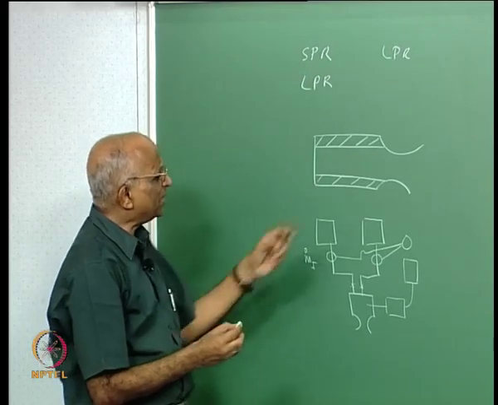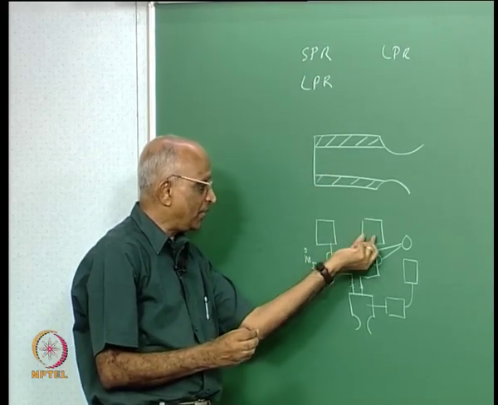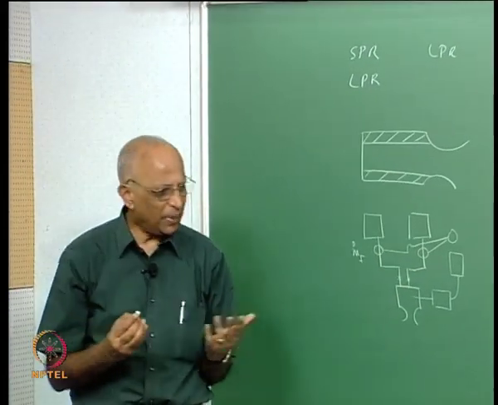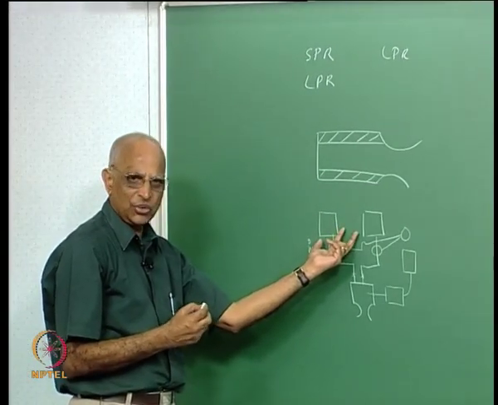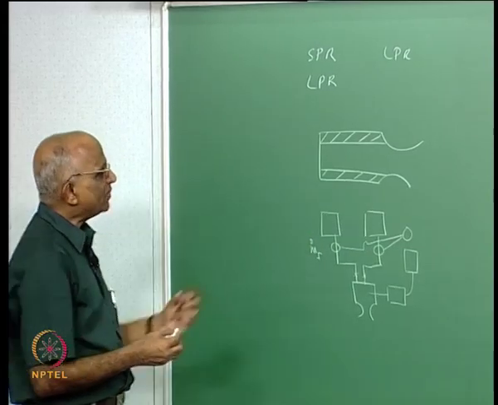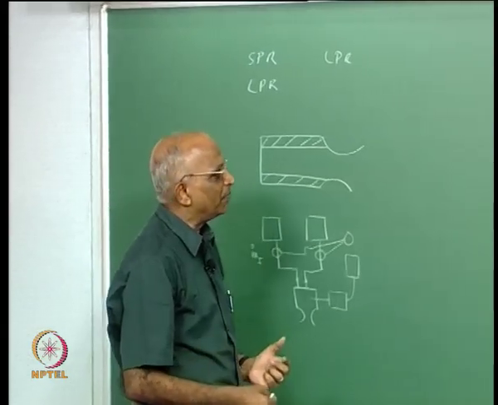But then we also see it becomes a little more complex. I have plumb lines, I have tankages, I have pumps, and therefore it is little more complicated. But I will come back to this. Can we simulate this through theory is something which is questionable, and maybe I will spend some time on it. Therefore, we say liquid propellant rockets are more versatile, and let us take a few examples.